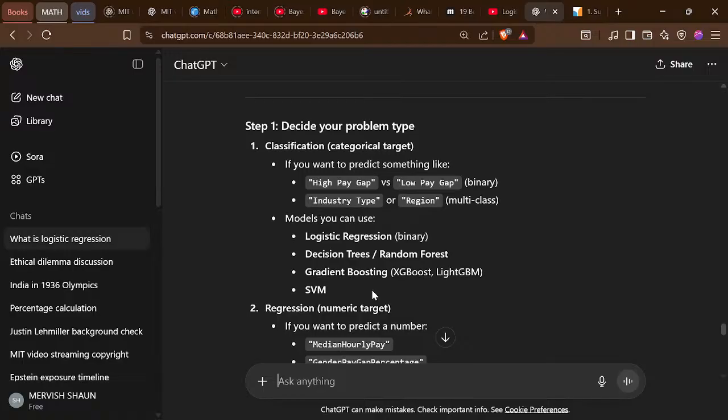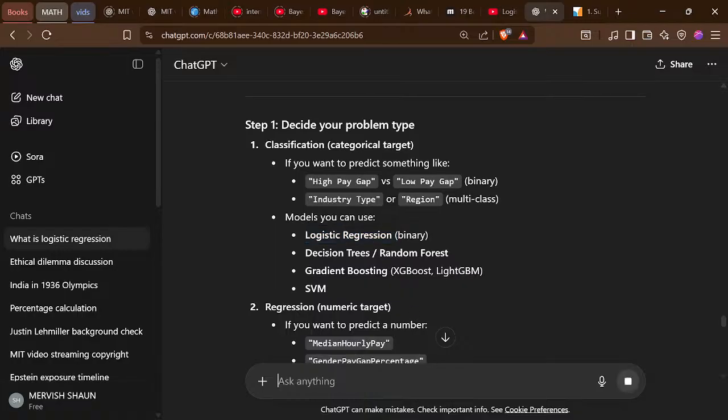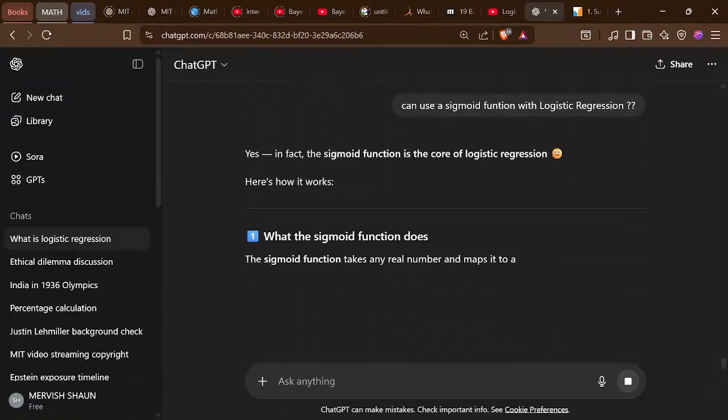So how do I use logistic regression? Can I use a sigmoid function with, this is the most silly thing that I've ever typed. I don't even know what it even means. Yeah, sigmoid function is a code. Okay.